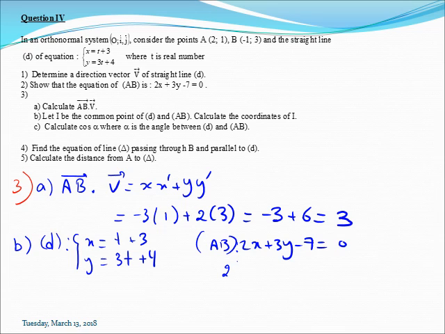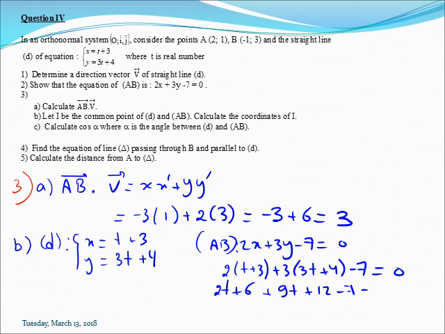Substitute x equals t plus 3, y equals 3t plus 4 into the equation: 2t plus 6, plus 9t plus 12, minus 7 equals 0. So 2t plus 9t is 11t, plus 11 equals 0.